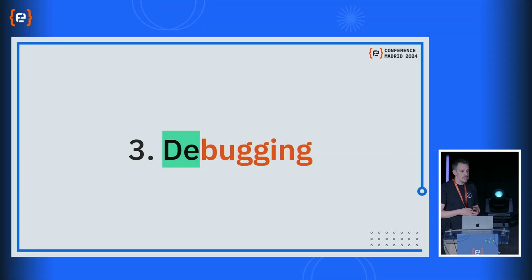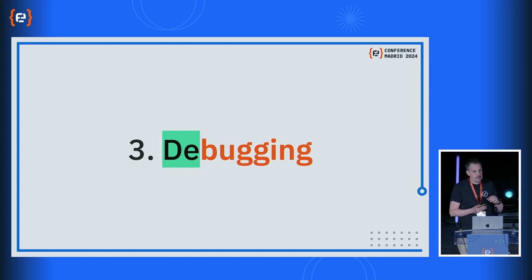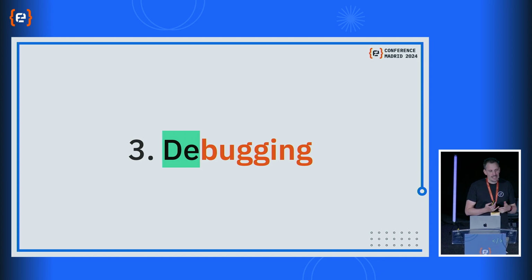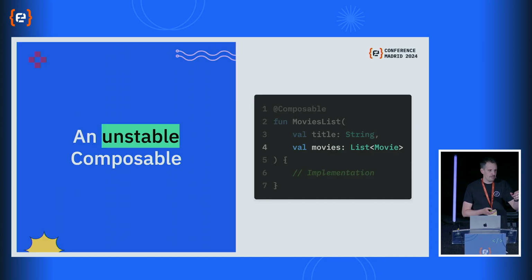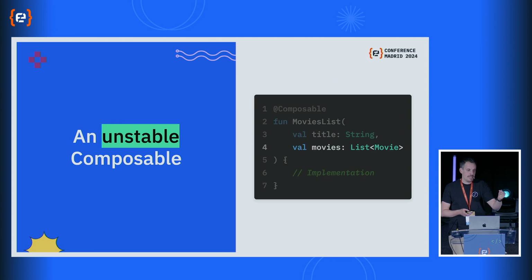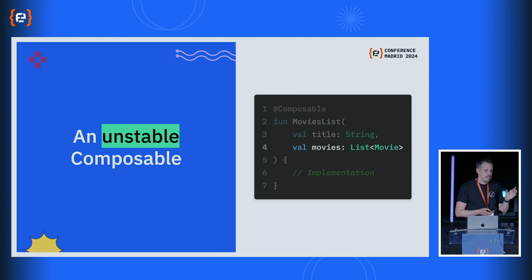Keep in mind that in general, compose will work out of the box without having to be worried about all this. Why is it in general not very important? Because in this example that we saw before, for instance, this movies list is unstable, but the composables inside this movies list that are using the movie will be stable because the movie is stable.